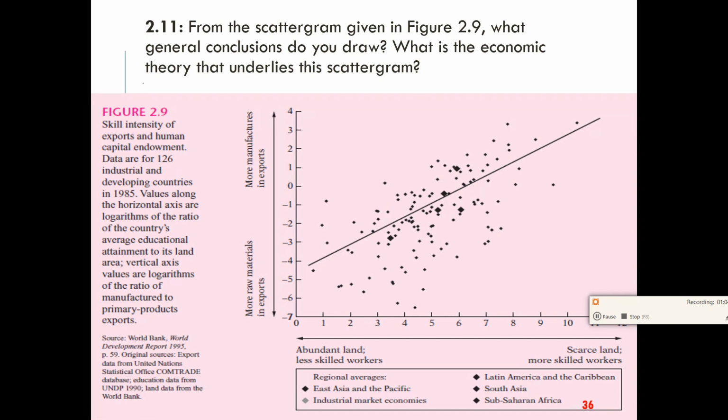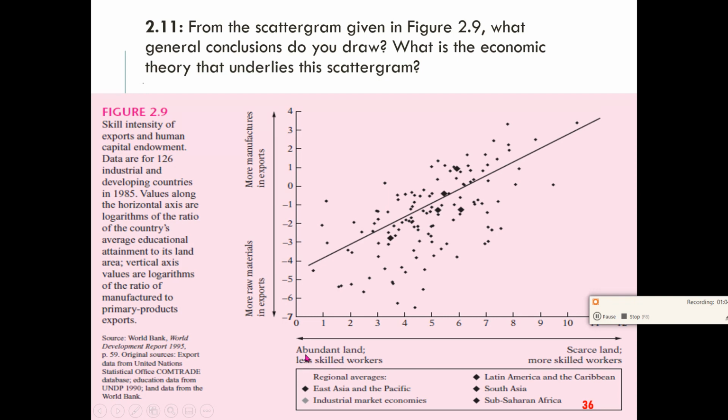So we have a scatter diagram given in this figure 2.9, and what type of data do we have? You see, on the x-axis, one heading here is that these are the countries who have abundant land but less skilled workers.